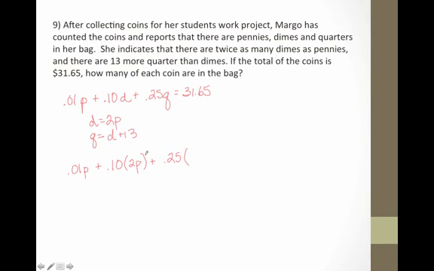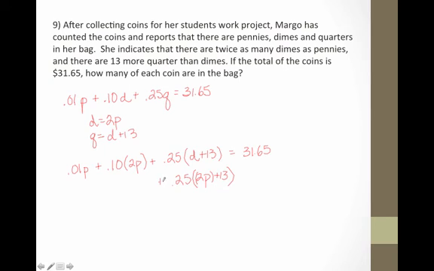So I'm going to fill that in: dimes plus 13, and that equals 31.65. But I have a value for my dimes, so I can rewrite that. Dimes, remember, is 2p, and I'm going to put that in parentheses so I notice that's what I'm substituting for, plus the 13.